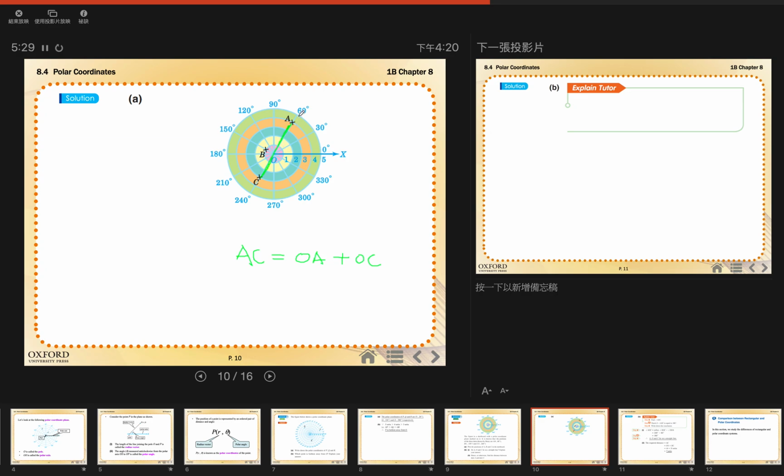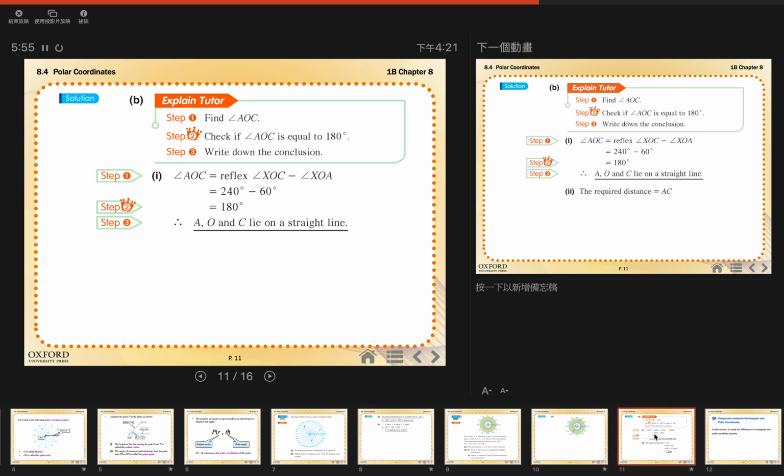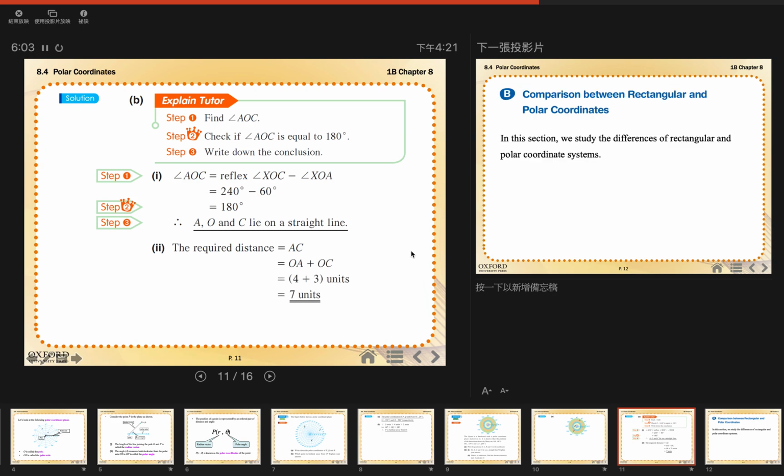Because I know the length of OA by just reading the radius vector of A, that is 4. And OC, I know the length of OC by just reading the radius vector of C, that is 3. That's why the length of AC is equal to 7. This is the solution of part B. That's why it's 7 units.